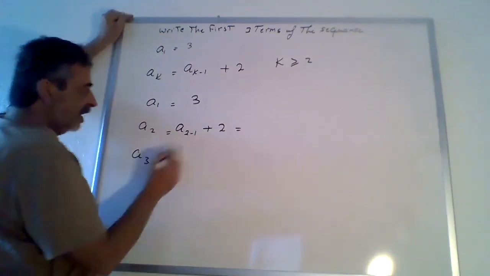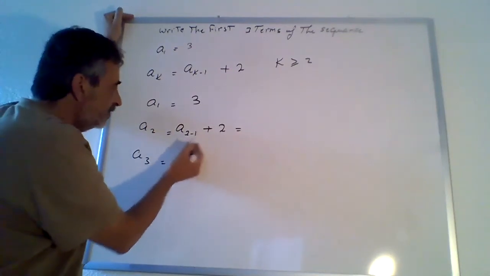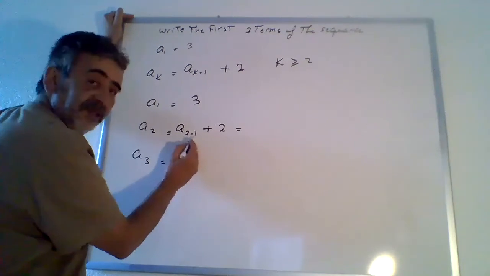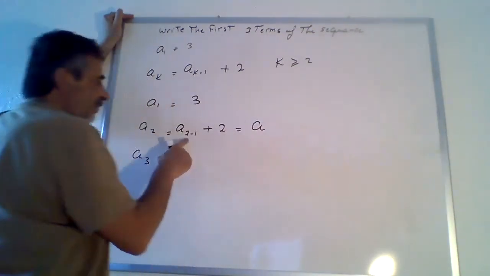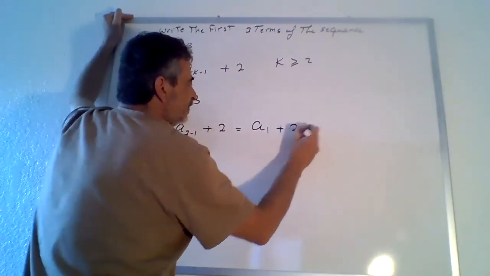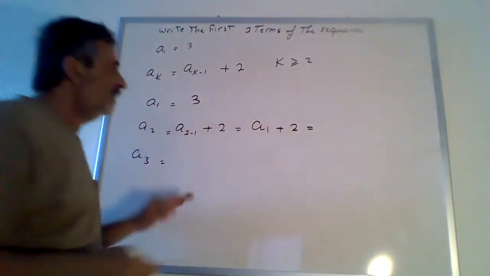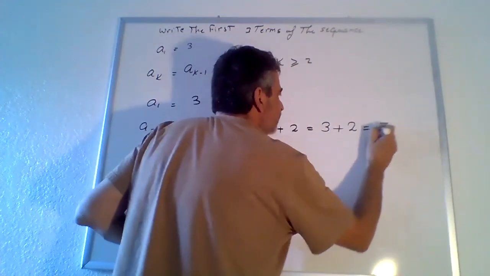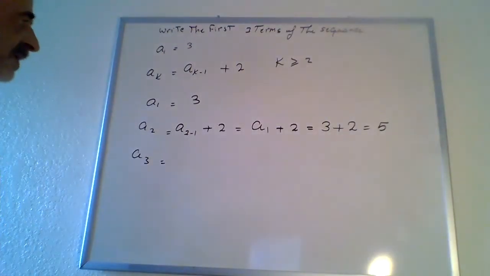Now notice the 2 minus 1 is a subscript. So to figure out which term we're looking at, we need to evaluate those 2 numbers. If I take 2 and take away 1, that's going to give me A1 plus 2. A1 we know is 3, so that's 3 plus 2, and that's equal to 5.